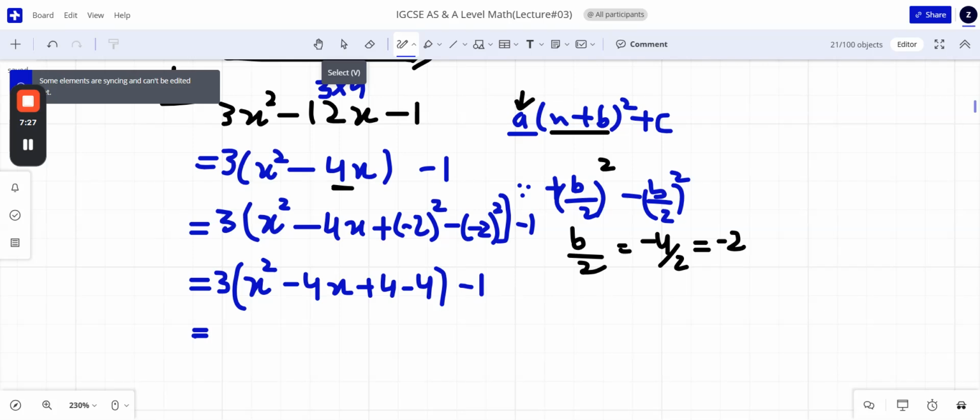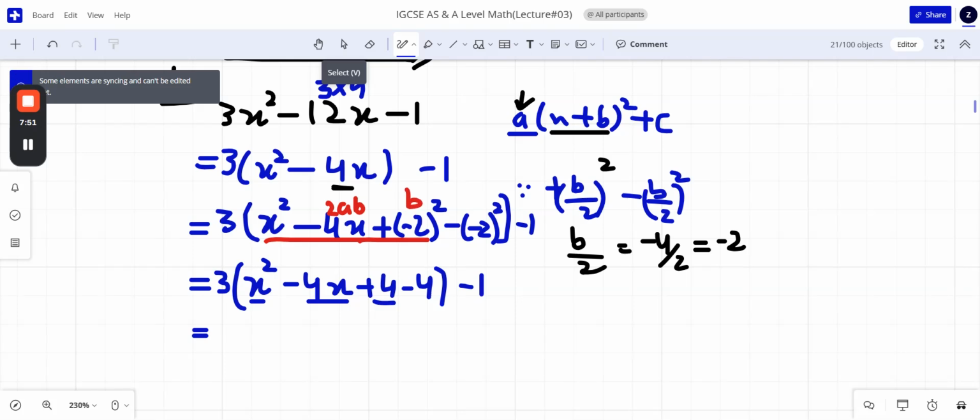Now x square minus 4x plus 4 makes a complete square. You can take it from here also: x square means a square, minus 4x is the 2ab, and 4 is b square.